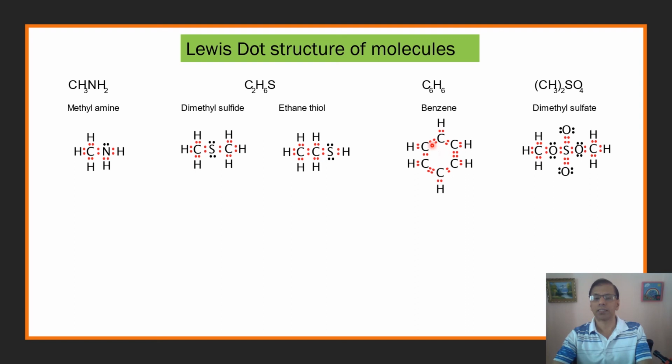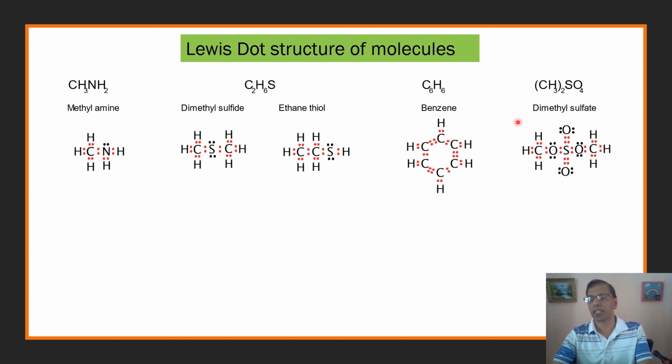And there is a double bond between the 2 carbons. So there are 2 pairs of electrons right here, 2 pairs of electrons right here. So there are 3 double bonds in this structure. And as usual, a pair of electrons represents a single bond.